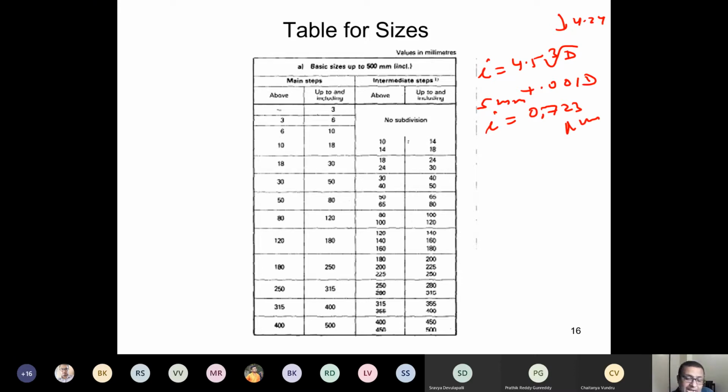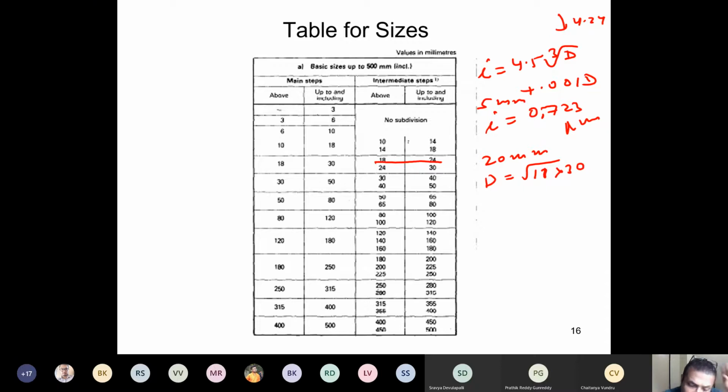If my diameter is 20 millimeters, it lies in the 18 to 30 range, but there are two zones here: 18 to 24 and 24 to 30.